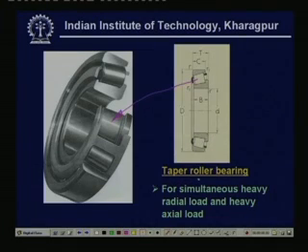Anyway, I think at the very beginning we started with the ball bearings, and this is the idea of the roller bearing. So, that is the roller, this is a length in this way, but in this particular case it is in the tapered manner.